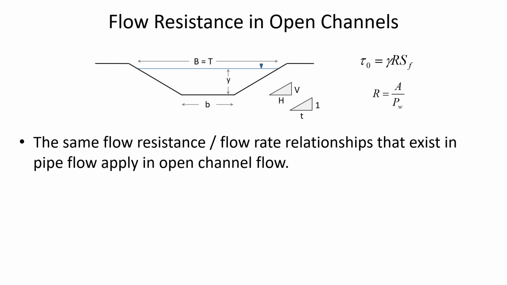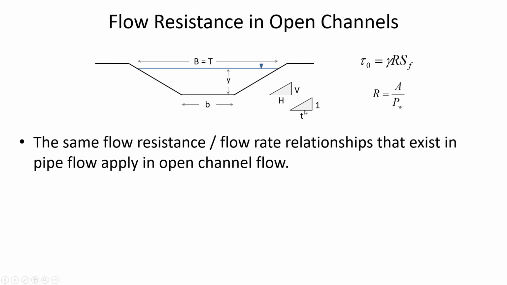And I wanted to give you a first taste of the area and wetted perimeter calculations for an open channel like this one. You'll notice here that the side slopes are defined as some unit of vertical to some unit horizontal. Our book has a series of equations you could use to calculate area, wetted perimeter, and hydraulic radius, and they define the side slope in terms of this variable t.